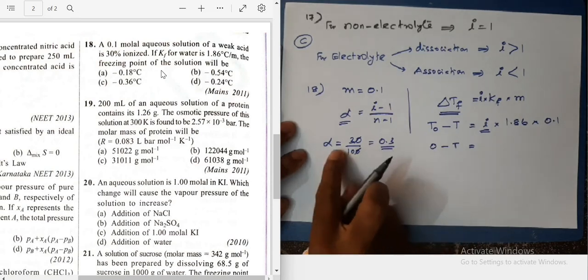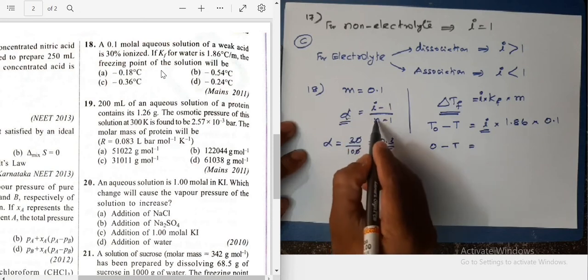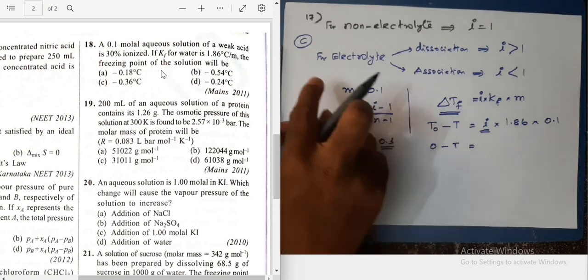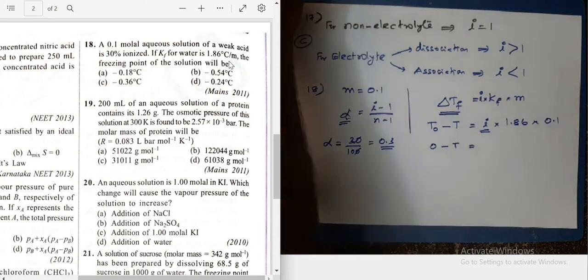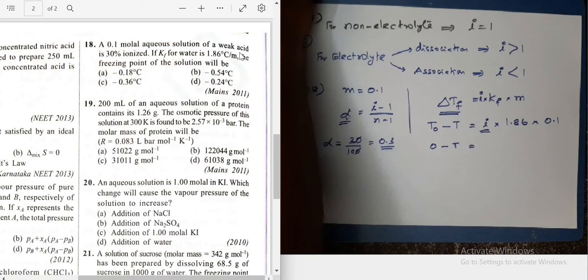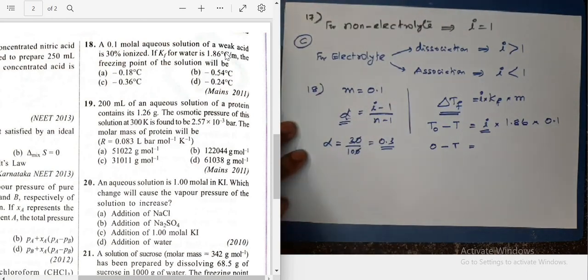I'll put this alpha here. And for n, they have not mentioned what the weak acid is, whether it is acetic acid or oxalic acid. It may be a monobasic acid or a dibasic acid. There are so many.